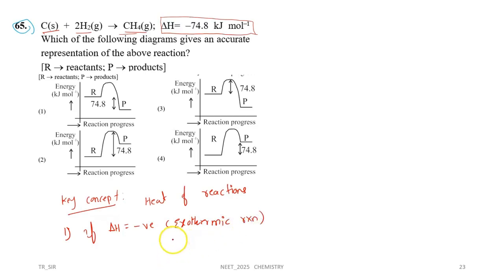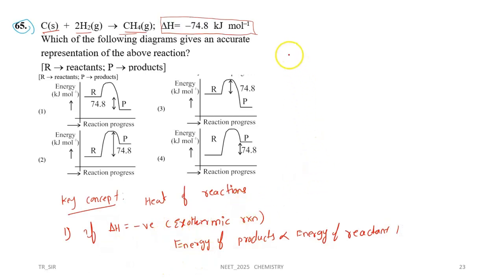In an exothermic reaction, the energy of products is lesser than the energy of reactant.